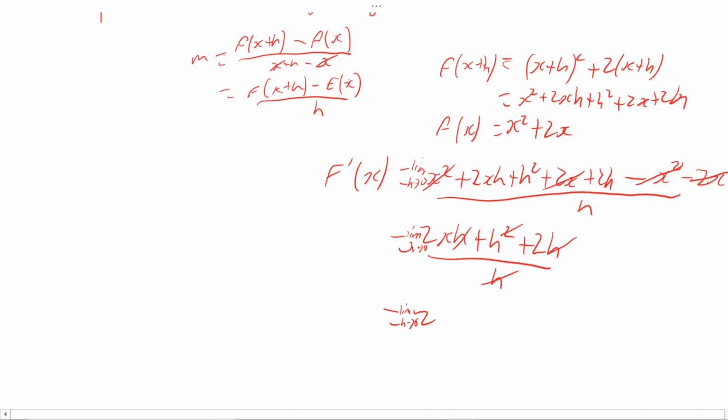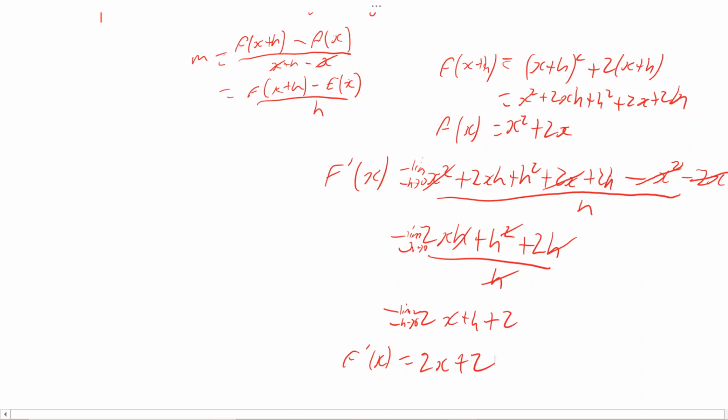So the limit as h approaches 0 of 2x plus h plus 2, and because h is approaching 0, f dash x, or your derivative, equals 2x plus 2, which is very simple.